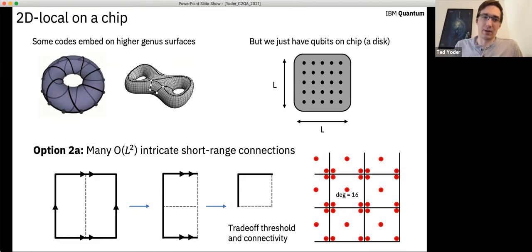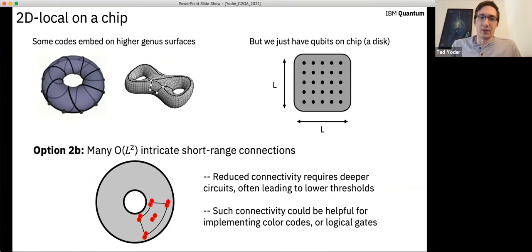Right, so this was option 2A in the sense that it was this folding procedure, but perhaps more generally, you could just imagine flattening the torus or your higher genus surface so that now there are 2 layers effectively. So now there are 2 qubits per site and maybe 2 ancillas on the face. And you could do this on the higher genus torus as well. Just flatten it down, squashing a donut or a double donut.